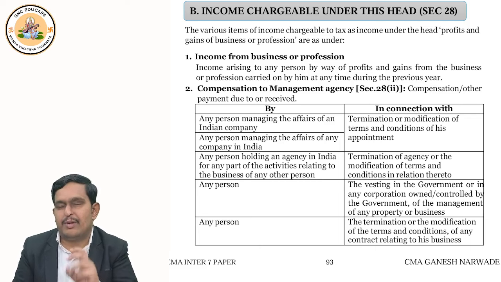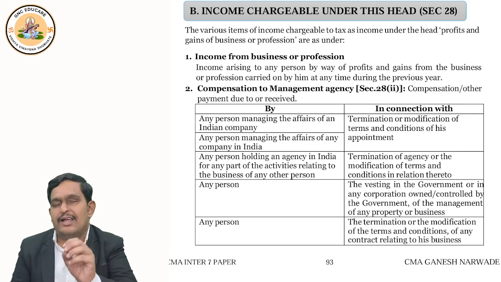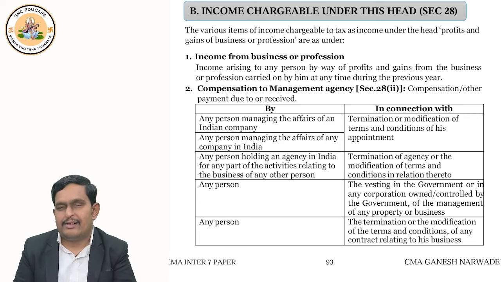Now let's come to the next point. Income earned by a trade or professional association. Now, our CMA Institute, a great profession, right? So, when we think about CMA Institute, it is a professional association. When we think about FICCI, Federation of Indian Chambers of Commerce and Industry, it is a trade association.